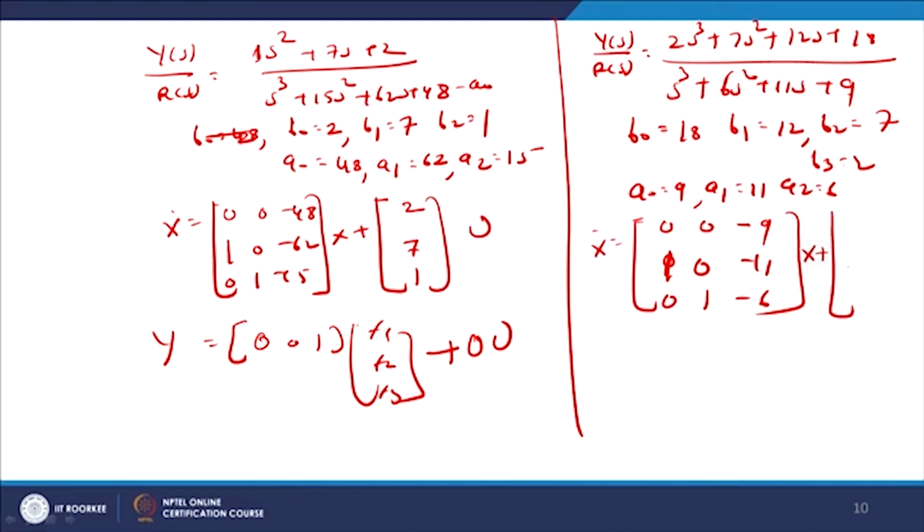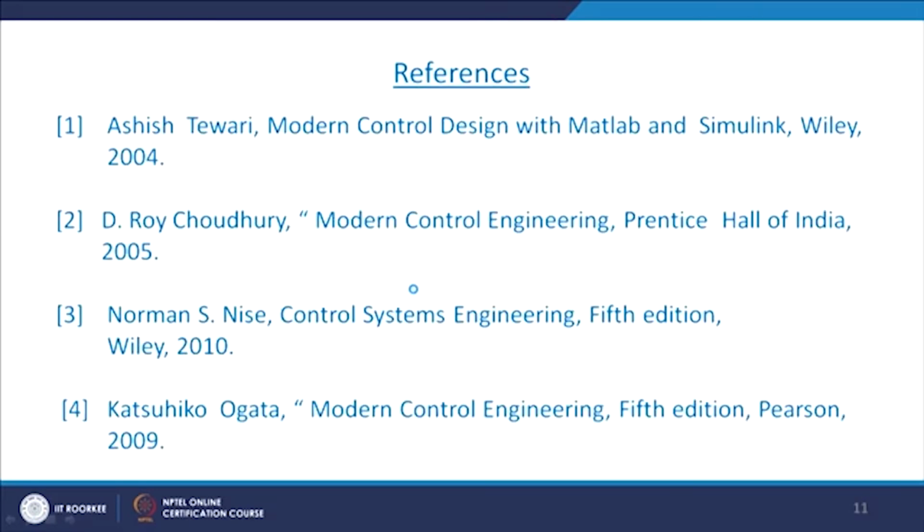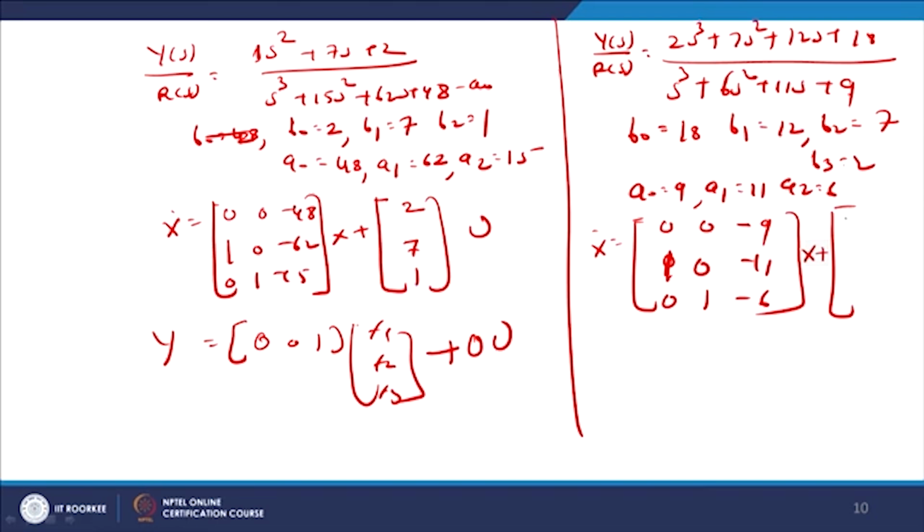Now, here we have to do the calculation like this: b0 minus a0 b3, b1 minus a1 b3, b2 minus a2 b3. So, we write the elements as 18 minus 9 into 2.